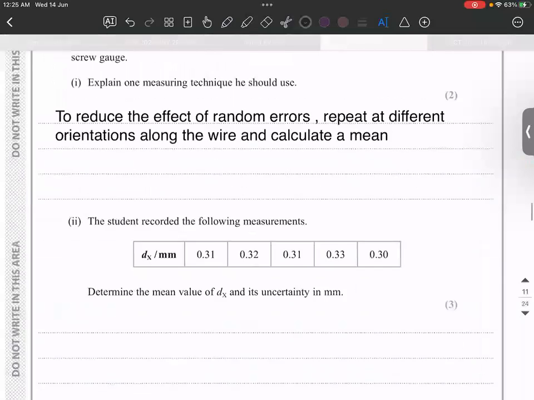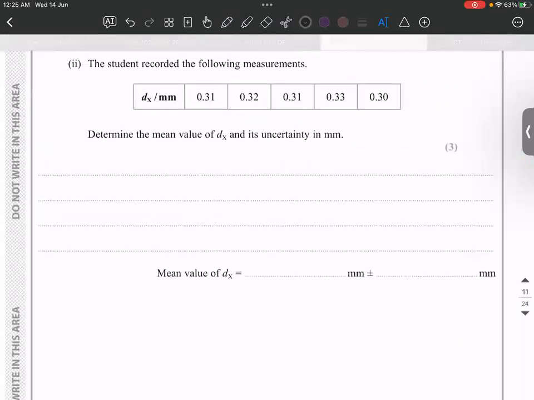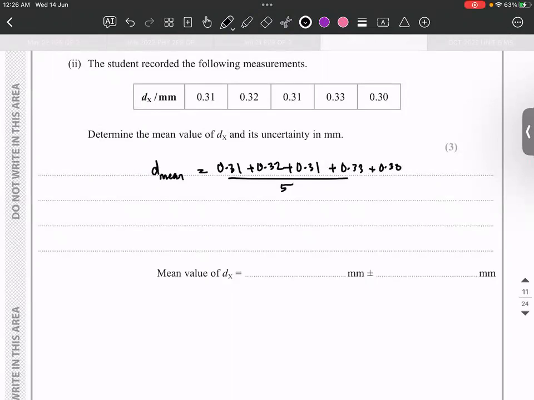Clear? Question number 2. The student recorded the following measurements. Determine the mean value. So how will we calculate the mean value? D mean equals 0.31 plus 0.32 plus 0.31 plus 0.33 plus 0.30 divided by 5 observations.